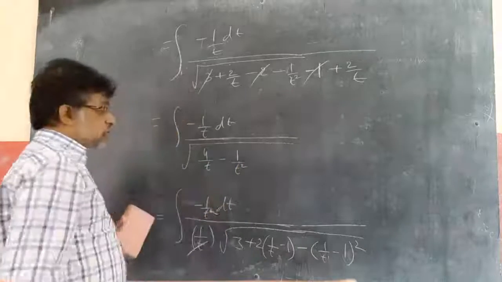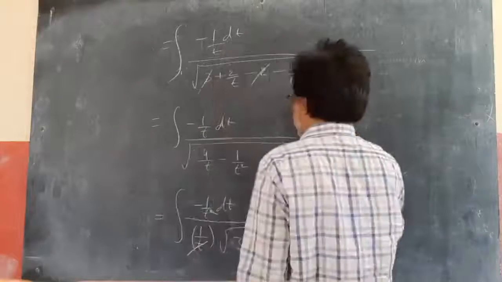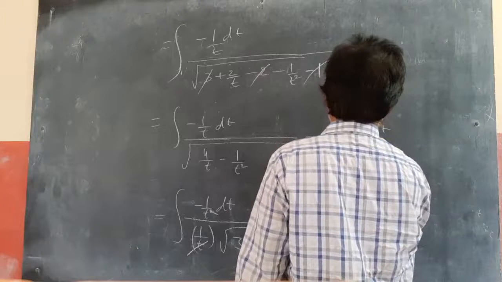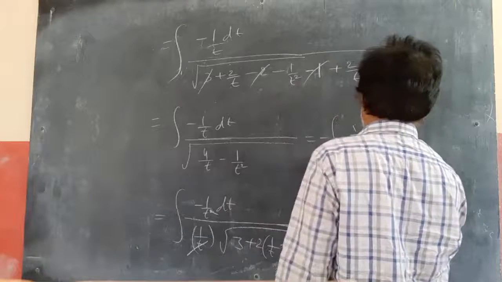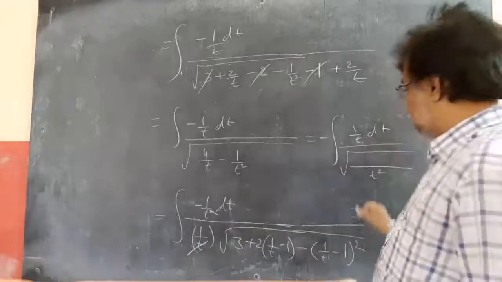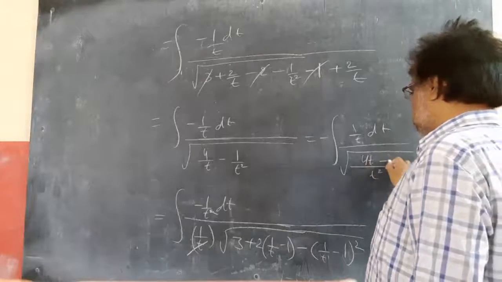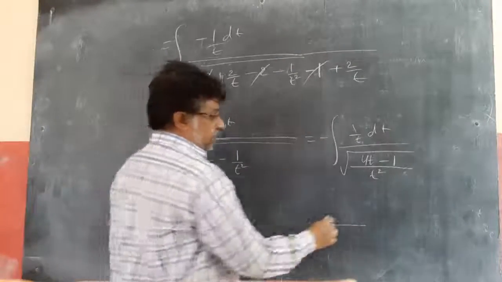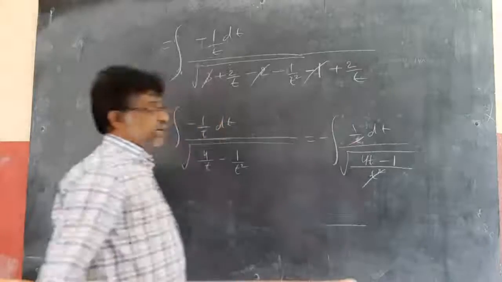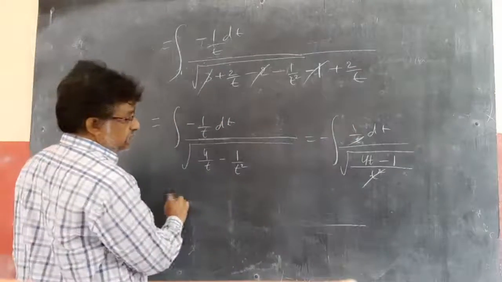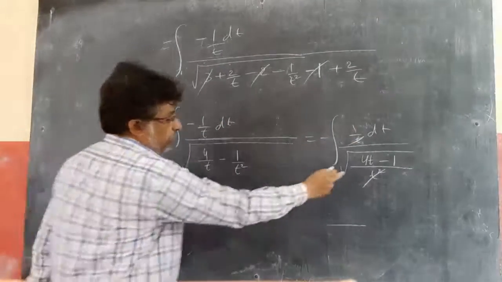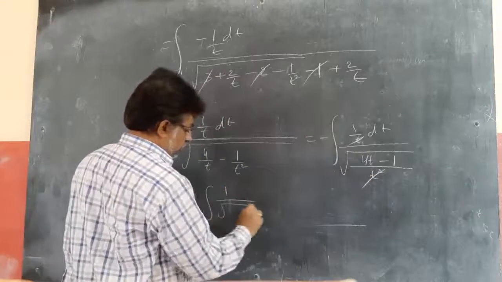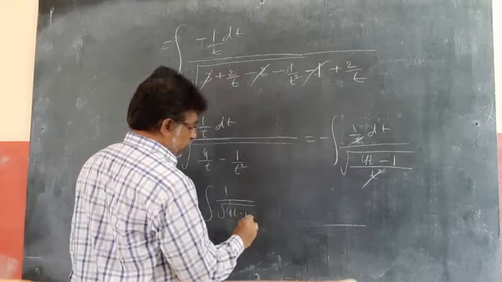Minus 1 by t dt by square root of (4t minus 1) by t square. Root of t square is t only, so that gets cancelled. Left out is minus integral of 1 by square root of 4t minus 1 dt.